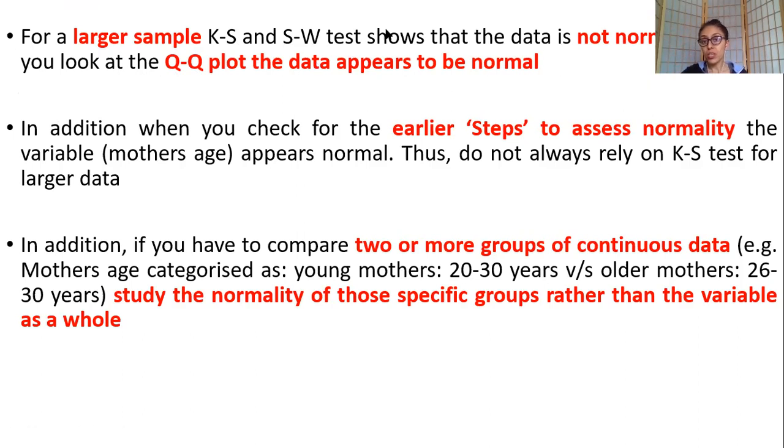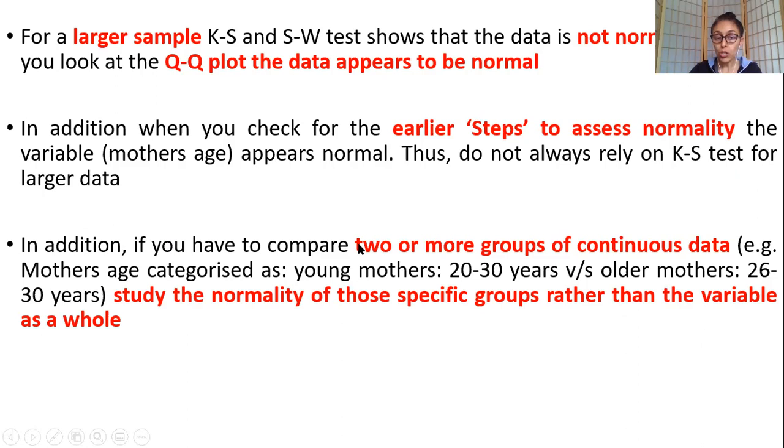You know how this may be really new concepts to a lot of you, so I have just written down whatever I have said. In addition, when you check the earlier steps to assess normality, the variable mother's age appears to be normal, because when you check the difference between the mean and the median and all of that, it appears to be normal. Therefore, do not rely on the KS test for larger data. Use other testing techniques as well.